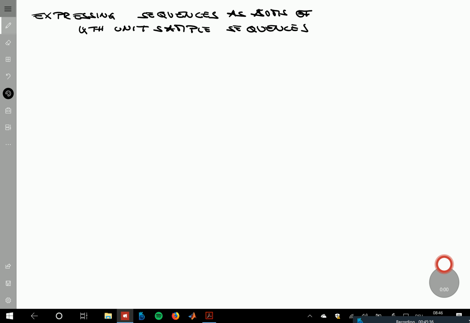And this is essentially this one equation. So if one has a sequence x with its elements xi, one can write this as the infinite sum of the elements of x, so the xi multiplied by ith unit sample sequences. So what this means, or the way that I look at this, is as follows.